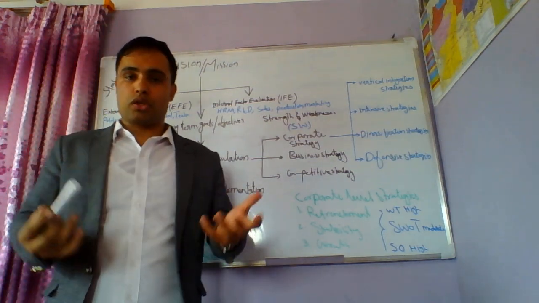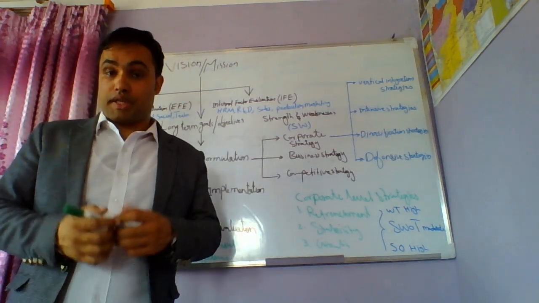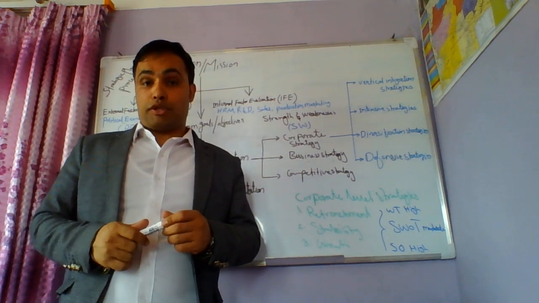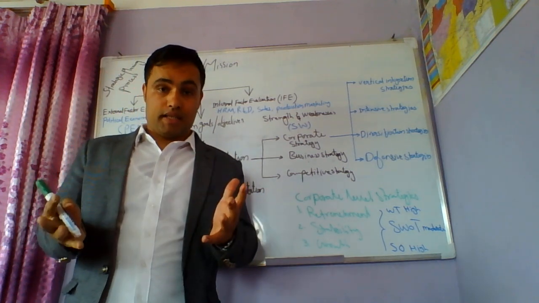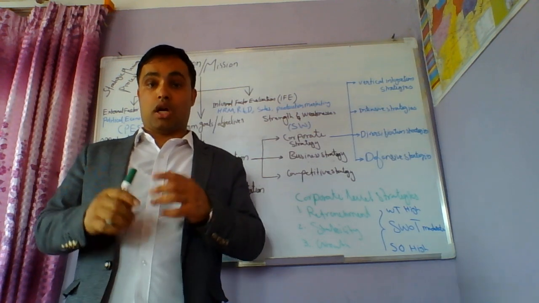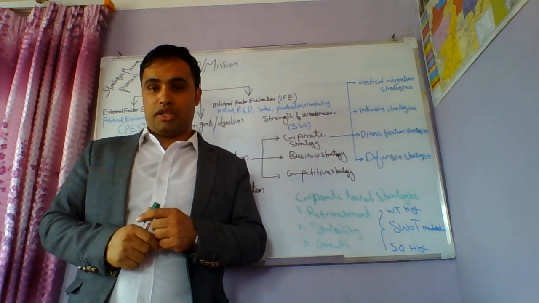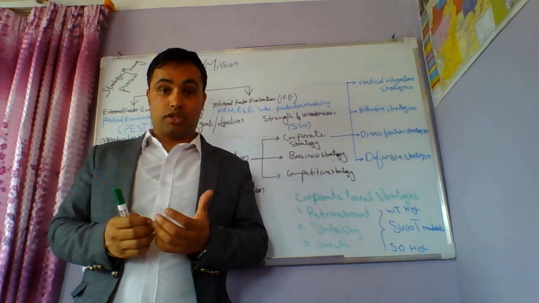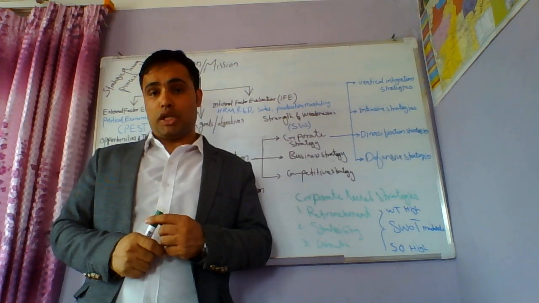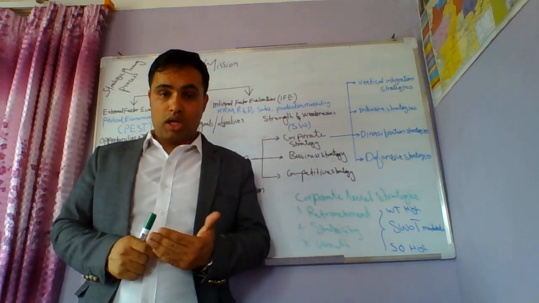First, we are going to discuss what strategy is. Strategy is not a plan. Strategy is not a goal. Strategy is a direction. Strategy is a roadmap. Strategy is telling you how to reach your goals.